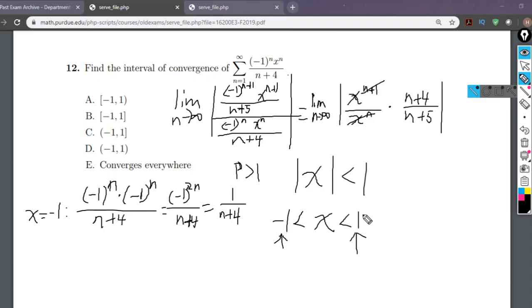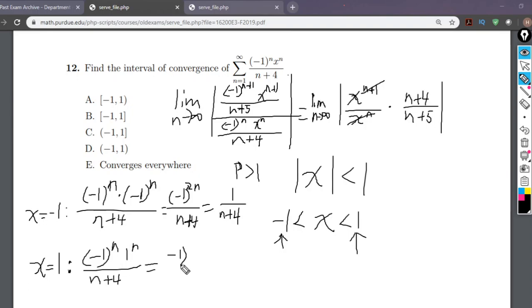But when we plug 1 in to here, it will be 1 to the nth over n plus 4. 1 to the nth is always 1, so it doesn't have an effect. And now this is still an alternating series, so we can apply the alternating series test. It is alternating from negative, positive.